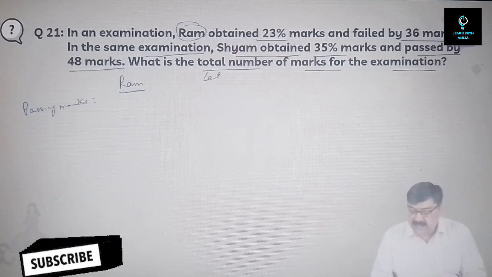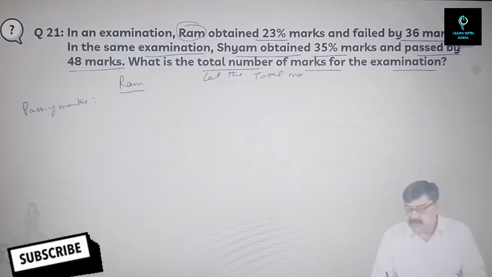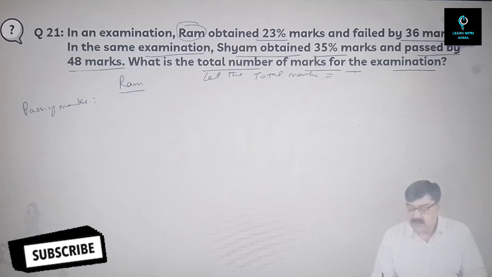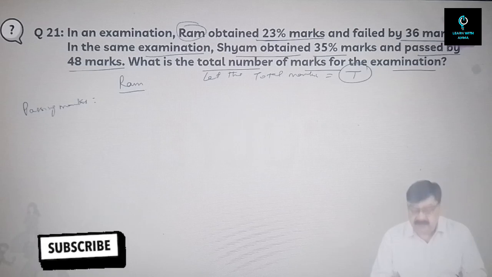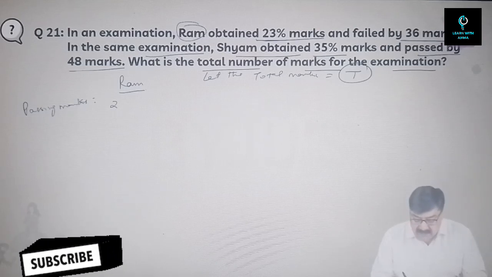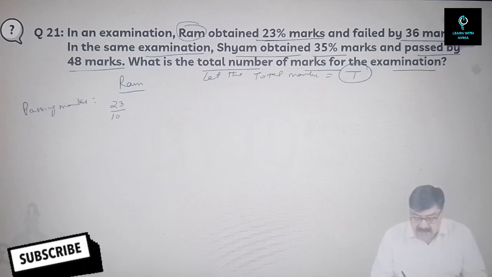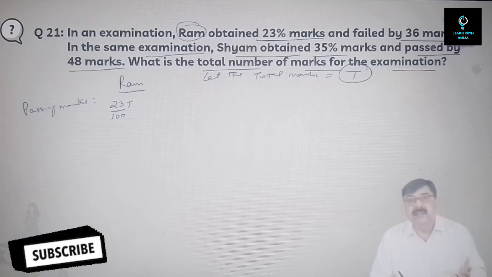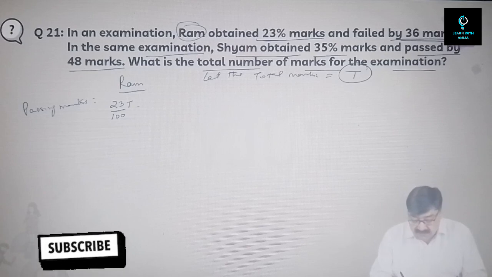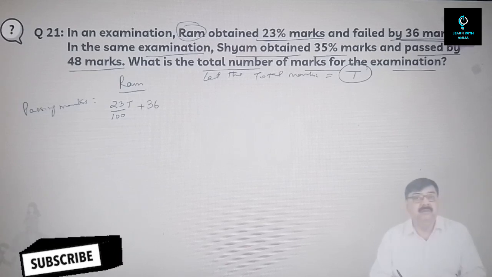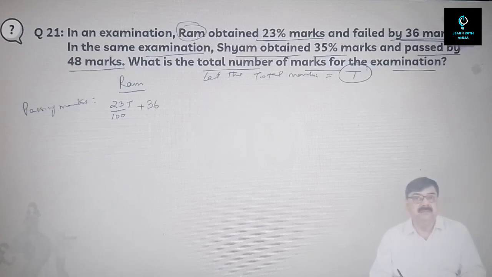First of all, let the total marks be equal to T. So as per Ram, he obtained 23% marks, so he obtained 23 by 100 of T, and failed by 36 marks. So he should have scored 36 marks more to pass. So passing marks as per Ram shall be 23 by 100 into T plus 36.